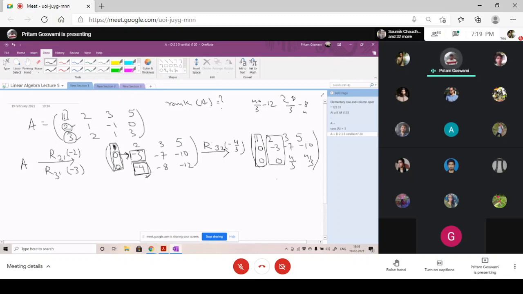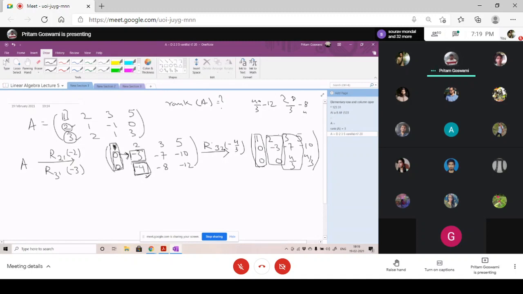If you want them to be dependent, then you have to write one vector in terms of the other vector, but you cannot write them that way because of the placement of the zeros. Right? Yes, sir. So these two vectors are linearly independent. Now comes this vector. These three vectors are also linearly independent, right?